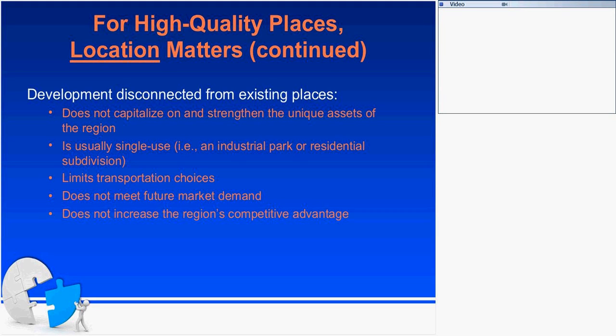And then on the flip side, we talk about how development that is disconnected from those existing places in your community may have some negative effects, in that it doesn't always capitalize on and strengthen the assets of your region. It may limit transportation choices for people, and may not capitalize on the region's competitive advantage.